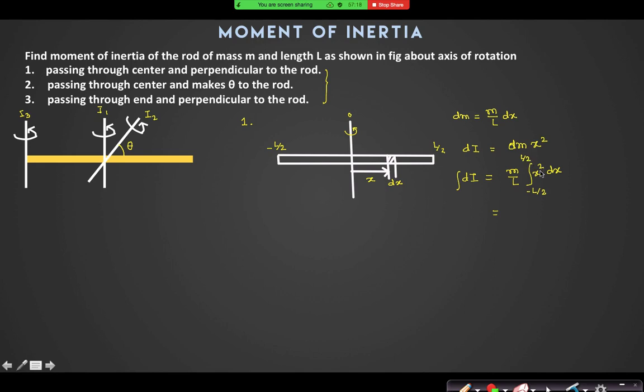X cubed by 3, so it is m by 3L into 2 times L by 2 cubed, L cubed by 8. So it is ml squared by 12. Have you got the calculation?